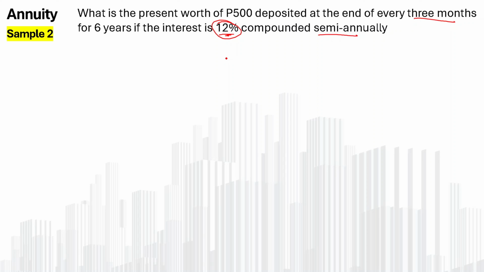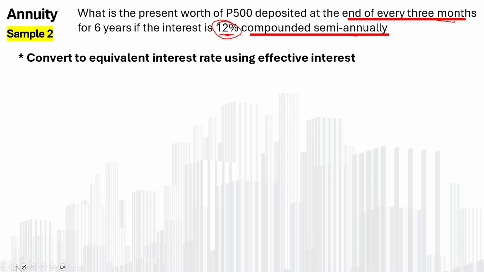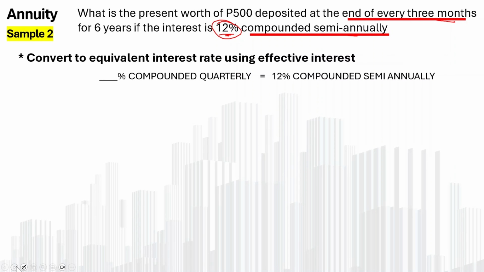So in that case, we can equate both equations to find the interest rate per quarter equal to the one compounded semi-annually. Why? Because we can definitely get an effective interest rate using this one and also using this one, so we can equate them together.